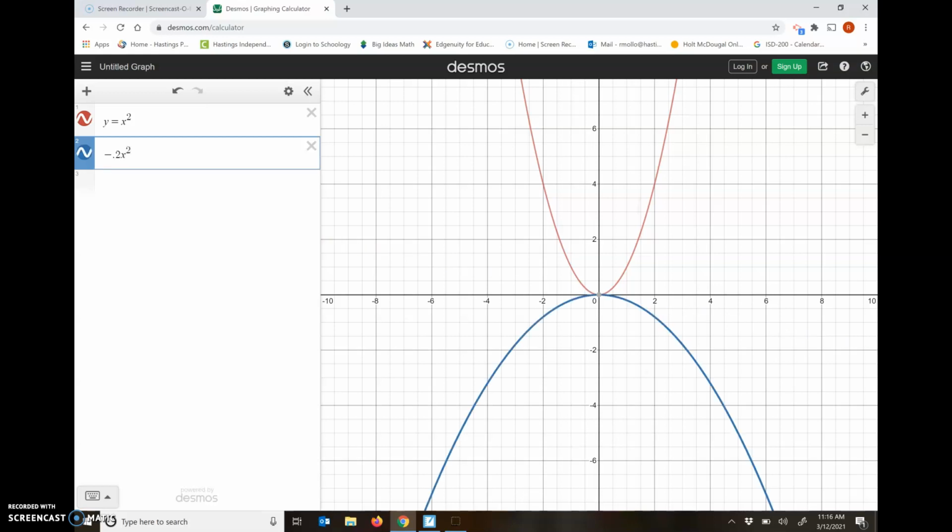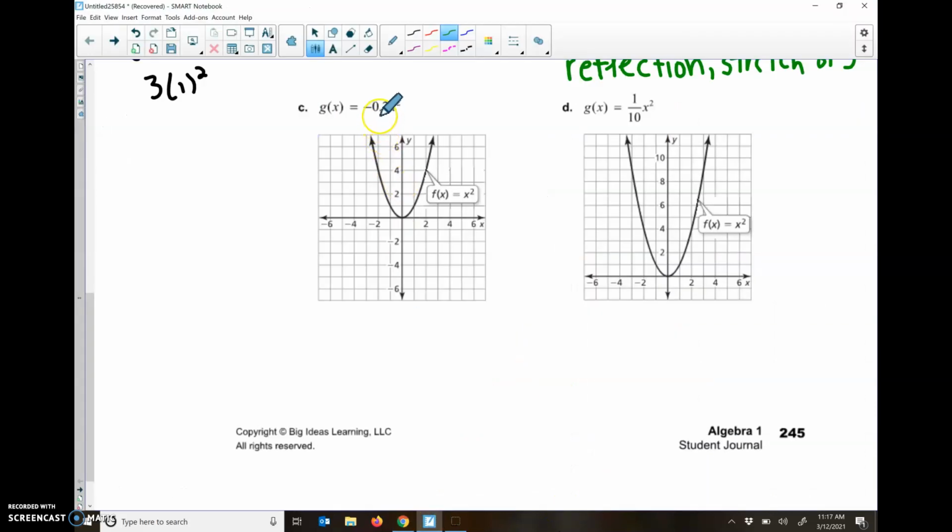So we can kind of see the difference there. So this one, it looks like, is not taller and skinnier. It kind of looks like it's shorter and fatter, and also facing the different way. So since now we're talking about a decimal, it's not going to be a stretch anymore. This one's going to be a shrink of 0.2. And then again, since there's a negative sign, it is a reflection over the x-axis.